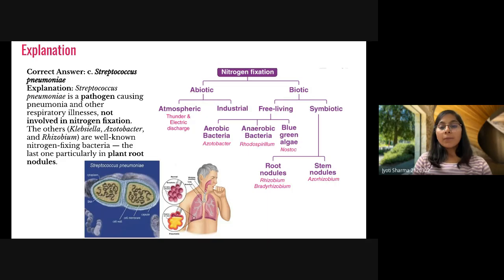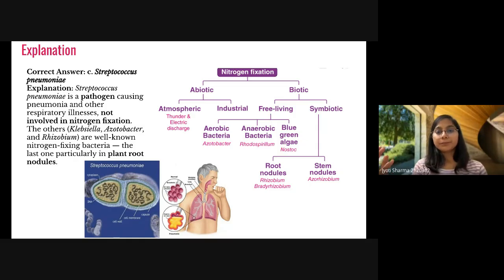But if we are talking about nitrogen fixation by microorganisms, this has been classified into two parts, free living and symbiotic. Free living means bacteria or any microorganism do not need to have any relationship with another organism. So they are independent of any other organism. And if they do have some relationship with another organism, then this will come under symbiotic.